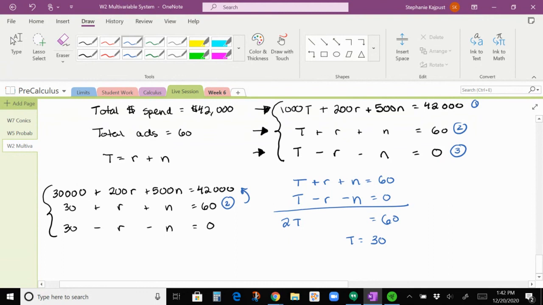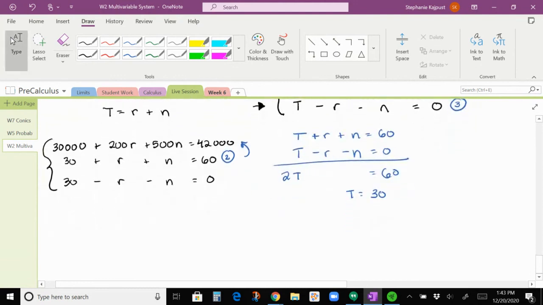And we don't want to plug it into equation 3 because we already used equations 2 and 3 together. So this is a good example of where Gaussian elimination would not necessarily be the best way to go about this. So I'm going to take equation 2, and first I'm going to solve it for R.